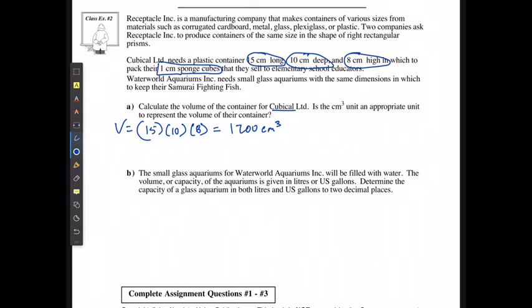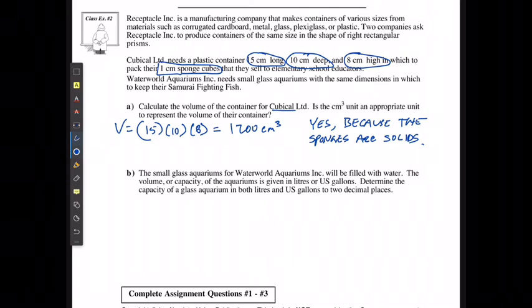Is centimeters cubed an appropriate unit to represent the volume of the container? Yes, because the sponges are solids.